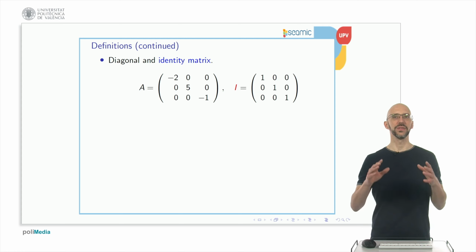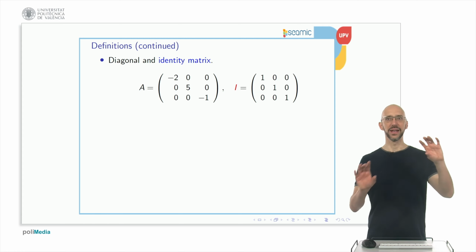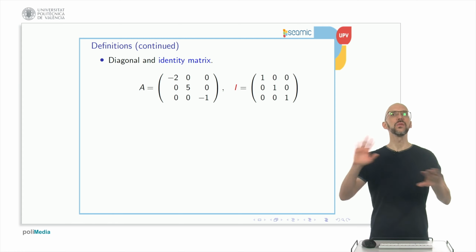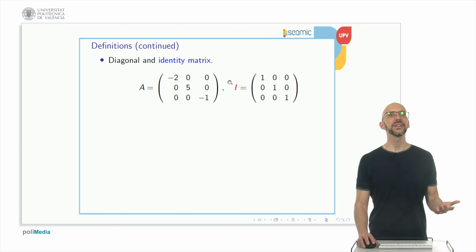The key point of the definition is that I have some elements in the main diagonal and the rest are all 0. It doesn't matter if this 5 is also a 0. The key point is that these 3 elements above the main diagonal are 0 and these 3 elements below the main diagonal are zeros. And a very specific type: when the elements of the main diagonal are all 1s, this is called the identity matrix.